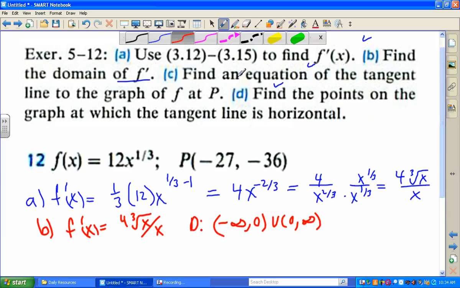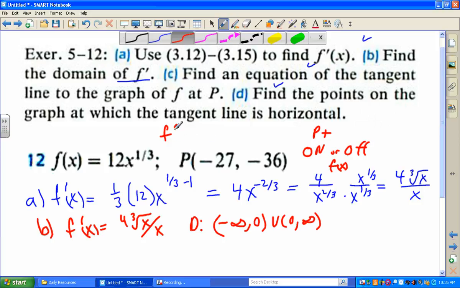Part C, find the equation of the tangent line of the graph. Remember, with part C, the first question you need to ask yourself is, is the point on or off f of x? So, which one is it? I'll put negative 27 in.